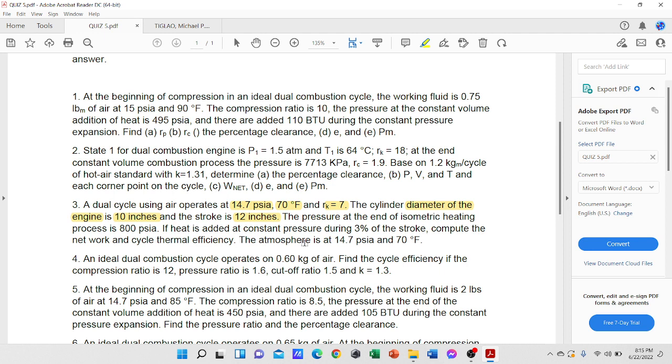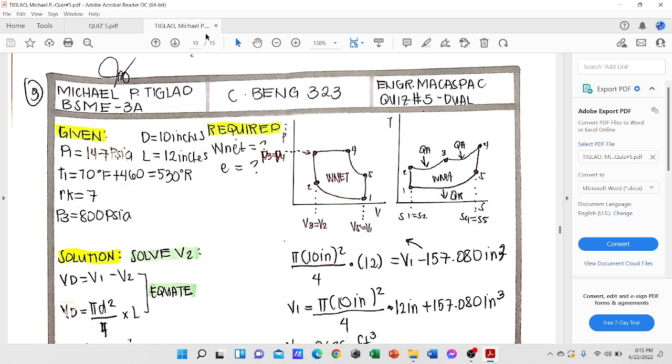The pressure at the end of isometric. It says end of isometric. When it says end of isometric, we are at point 3.